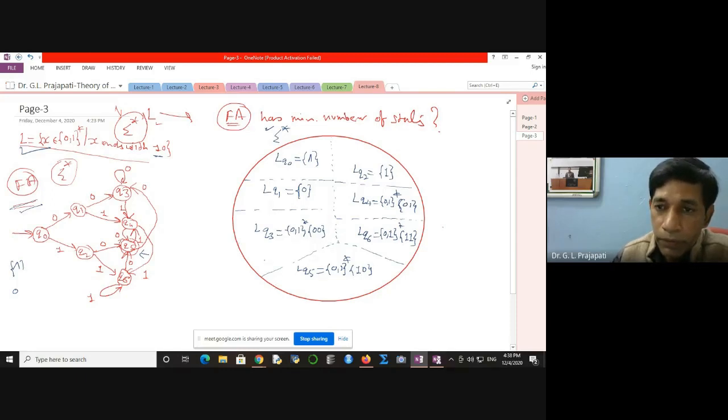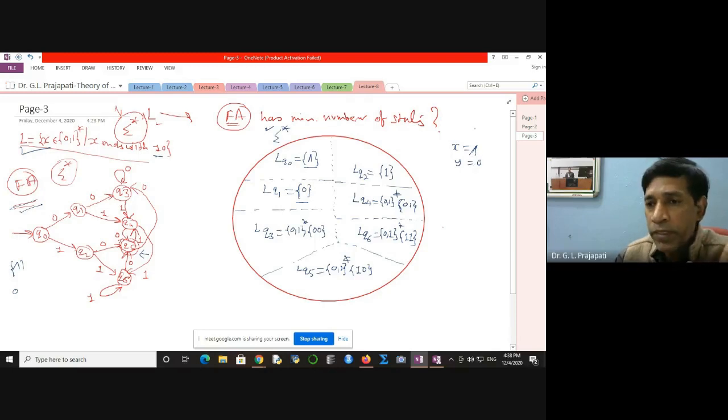You need to identify with respect to the equivalence classes. So try to see you have the string null here and you have the string 0 here. So here you have the null string, say for example x is equal to null and you have y is equal to 0. So your FA should go to different states if and only if x and y are distinguishable. We know that.